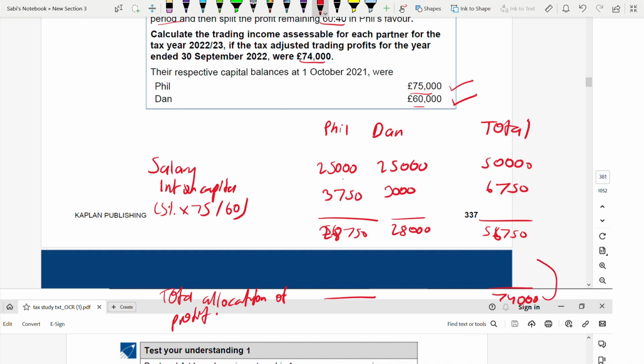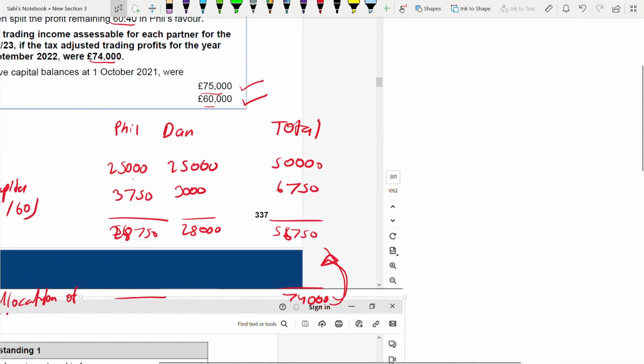This will be the balancing figure. How will you get this balance? Deduct 56,750 from 74,000, which will be 17,250, isn't it? So it's 17,250 here.